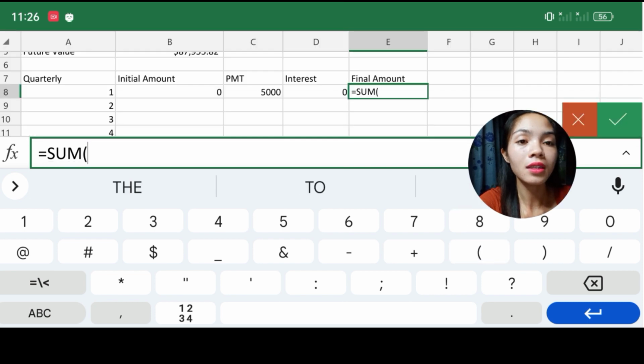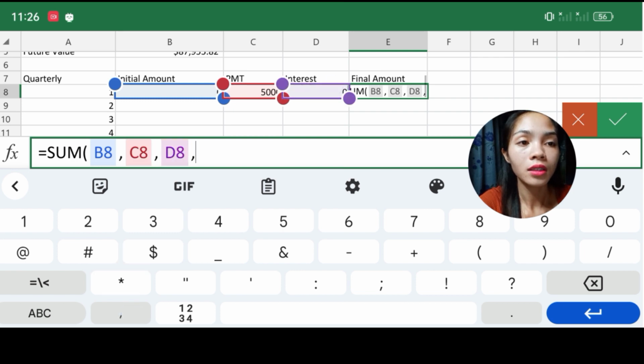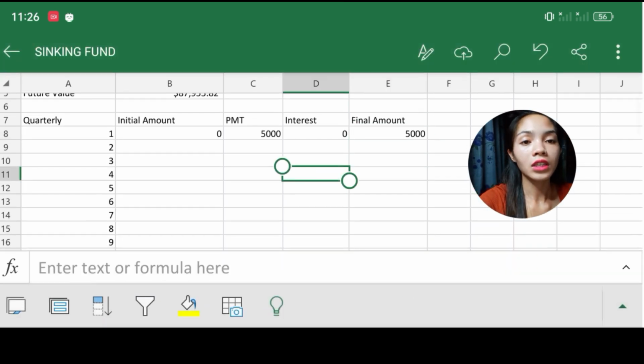Open parentheses, click the initial amount, comma, the PMT, comma, the interest, and close parentheses. Check. The final amount is 5,000.